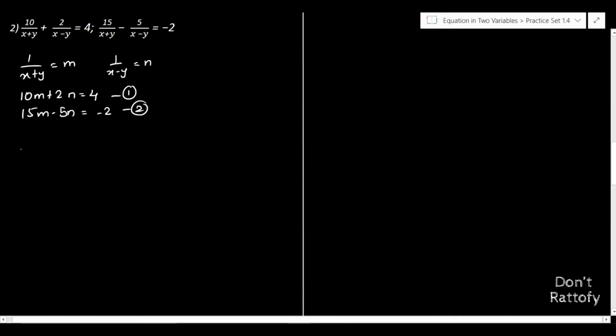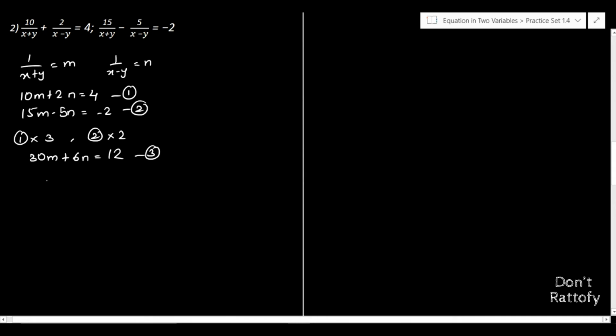So what I am going to do is multiply equation 1 with 3, and I'm going to multiply the second equation with 2. If I do so, I'll get 3 multiplied by 10 is 30m plus 3 multiplied by 2 is 6n is equal to 4 3s are 12. This is my third equation.